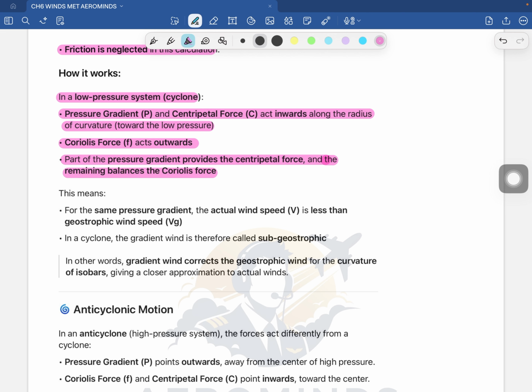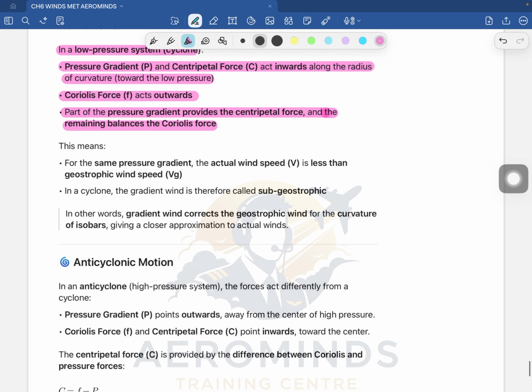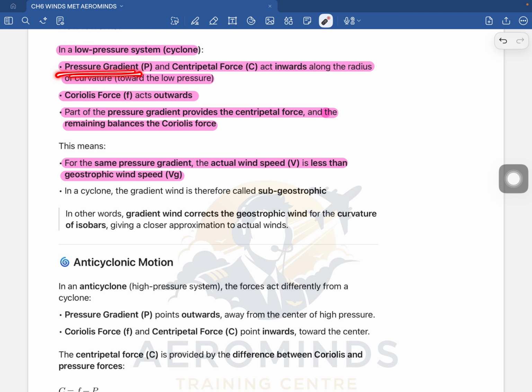So one part of the pressure gradient force is balancing the Coriolis force, and one part is producing the centripetal force. So this means for the same pressure gradient, the actual wind speed will be less than the geostrophic wind speed. So what will happen in a cyclone?